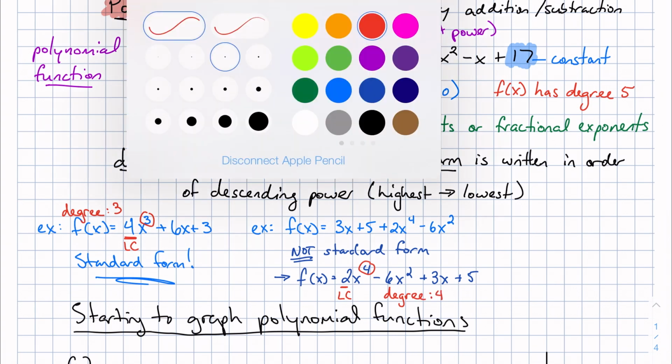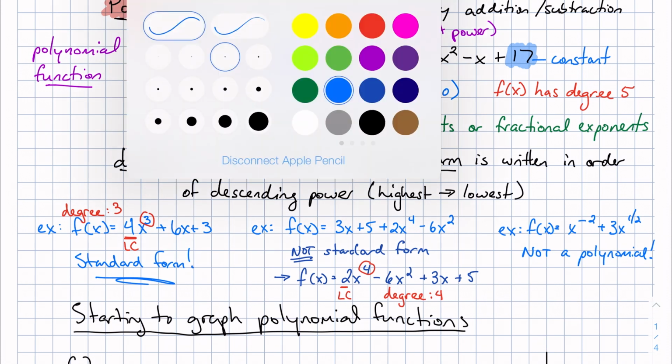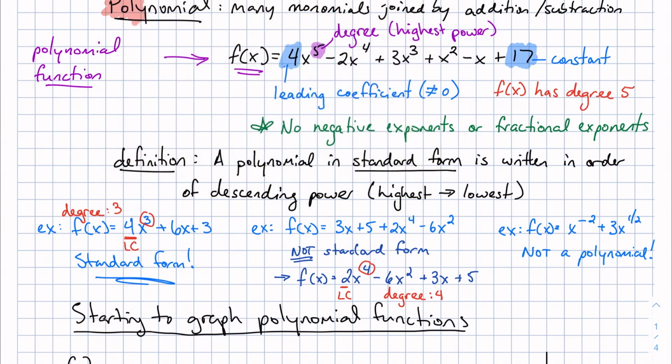An example of something that is not in standard form would maybe be this. If I had x to the negative 2 plus 3x to the 1/2, this is not even a polynomial at all. I have a negative power, that's bad.